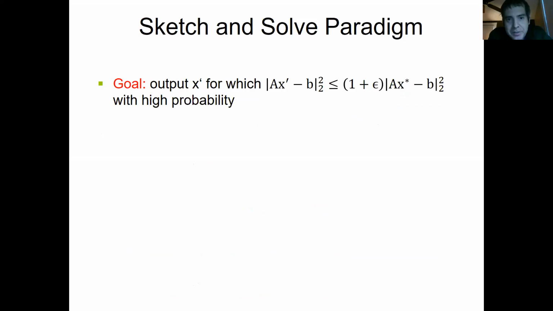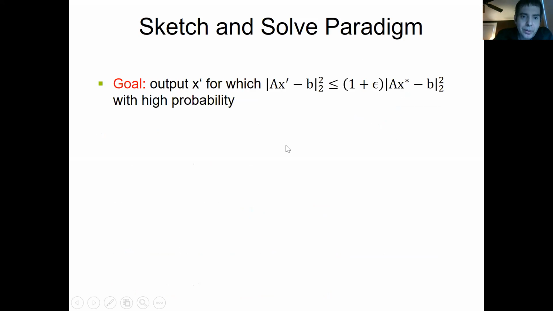So we first relax the problem. Instead of solving the regression problem exactly, we're going to allow ourselves to output the solution vector x prime, for which the least squares cost of using x prime is at most a 1 plus epsilon multiplicative factor times the optimal least squares cost. Okay, and we allow for randomized algorithms.